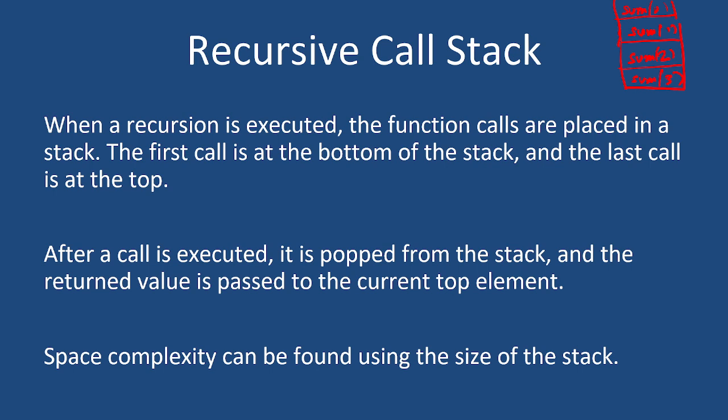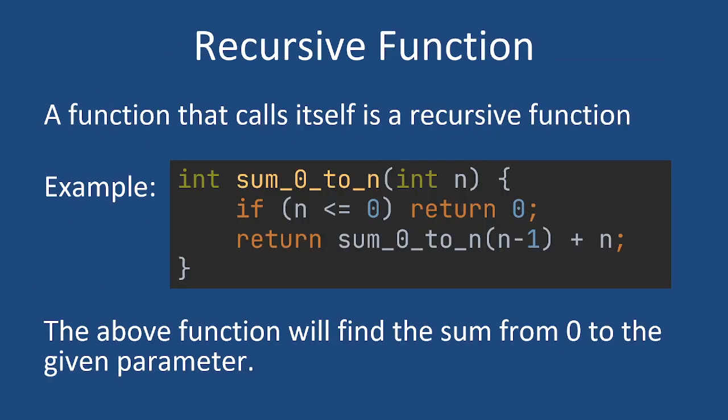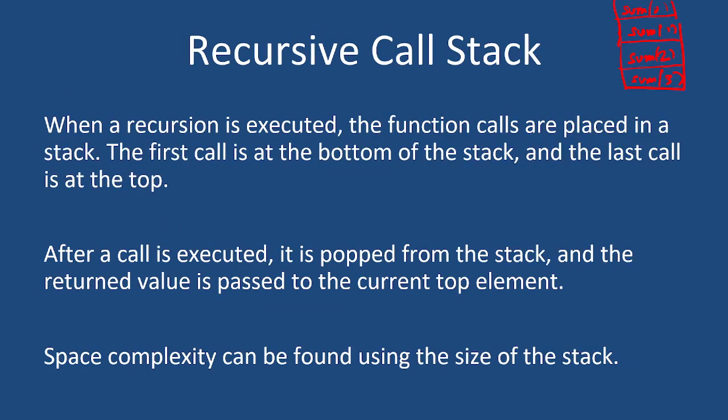The functions start returning. At this point of time, they had not returned. They were just calling. Like if we go to the previous slide, they have not returned. First they have called, then they will return. Until and unless sum 0 to n minus 1 has returned, how would the function sum 0 to n return, right? So sum 0 returns 0.